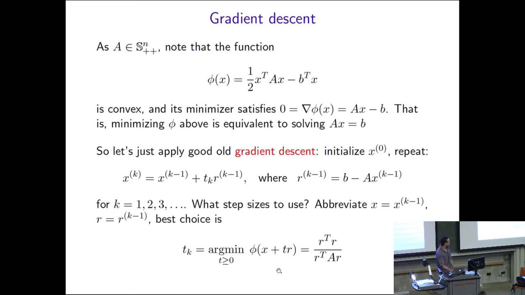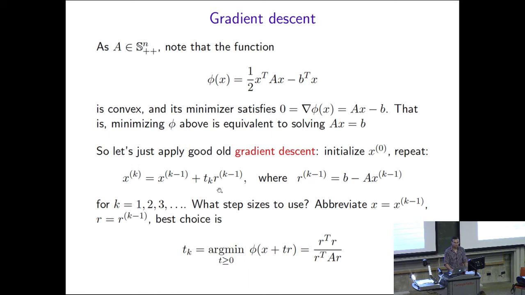The best step size to take is exactly this one. You can see it depends on the iteration itself. It's r transpose r divided by r transpose Ar, where r is just the current residual, b minus Ax.